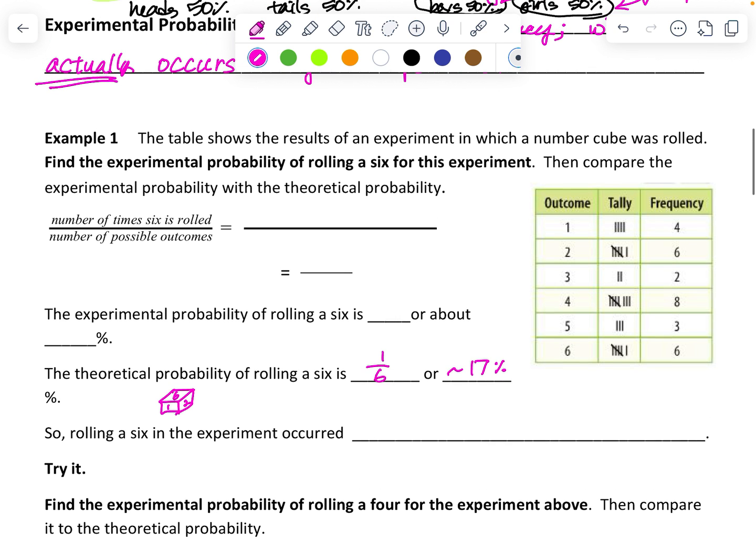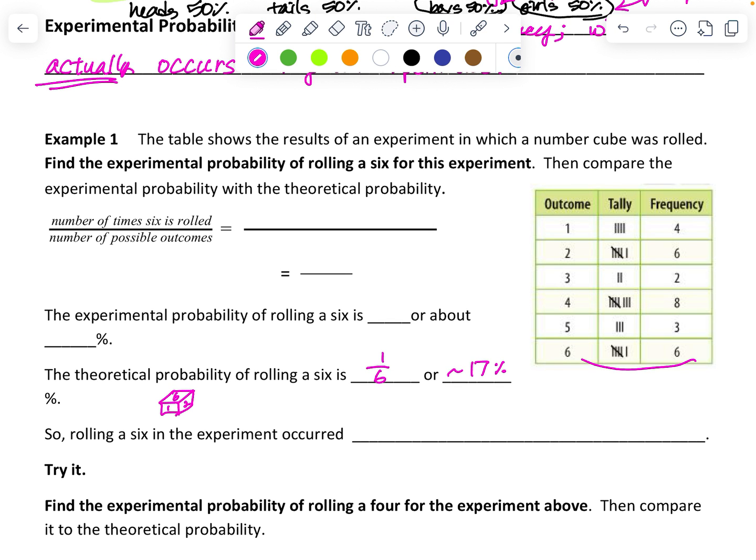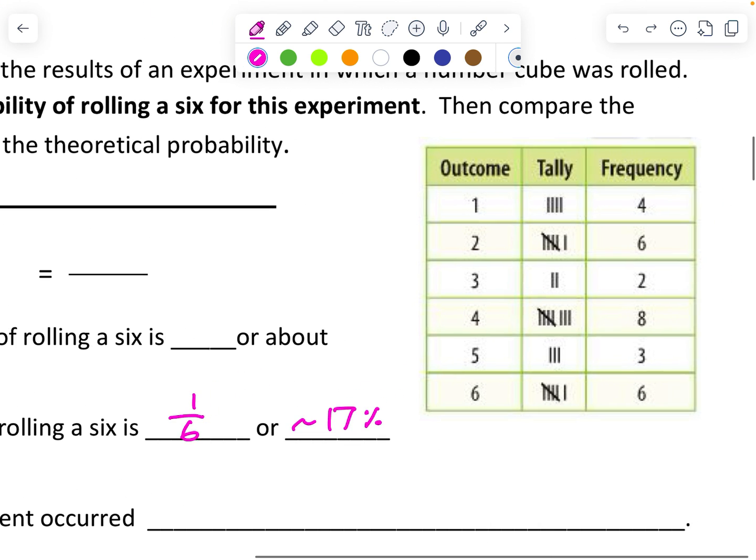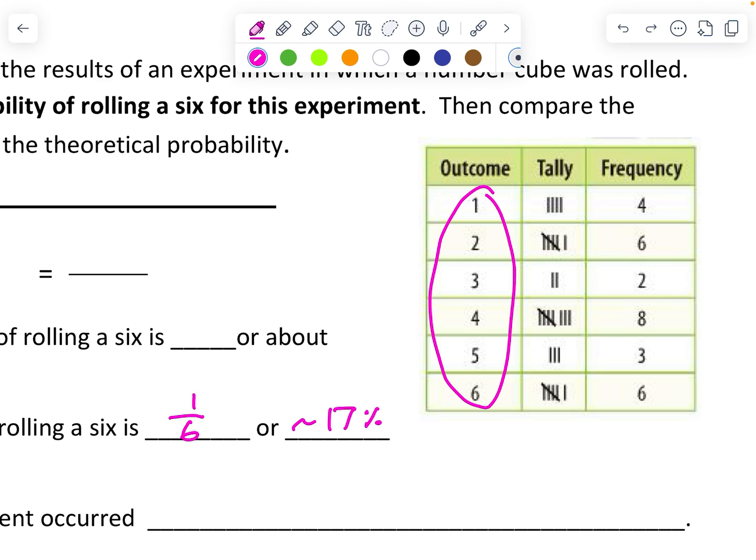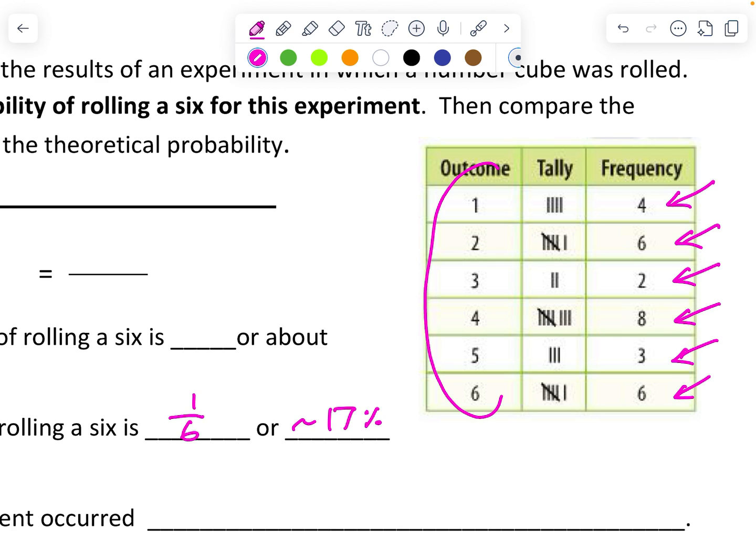But is that what really happens? We have an experiment that was done right here. It talks about the number cube numbers 1 through 6 and how many times you got those numbers. As you can see, these should be equal chance. The chance of you getting 1, 2, 3, 4, 5, or 6 should be equal.